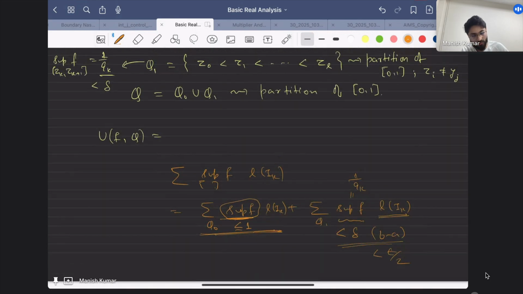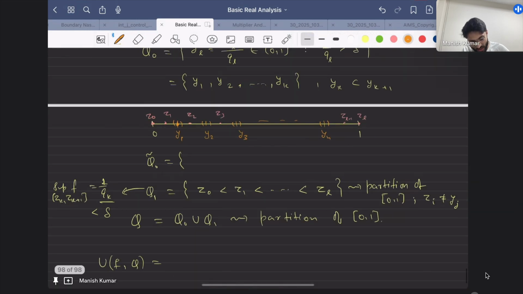So let's forget about this one. What I am left with is bounded by the sum over q0 of the length of Ik. Now see this Ik, the interval y1, y2, this distance can be very large. That's a problem for us.